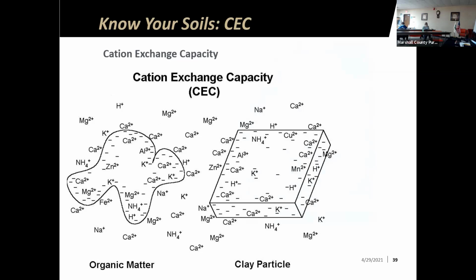It has many holding sites on those particles that can hold on to the cations and make them available to plants. And we'll talk a little bit about how this is important for soil fertility next week. So you can see that mainly it's these two components in our soil that add this cation exchange capacity.